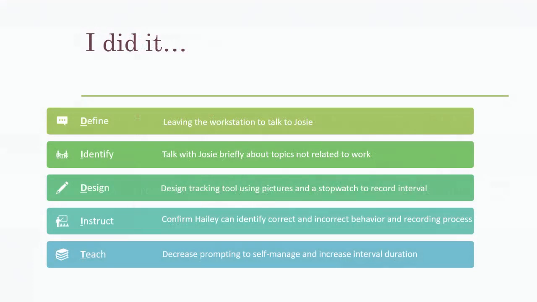After doing a functional behavior analysis, it was discovered that Haley is lonely at work and is going to talk to Josie for the interaction and socialization. We identified that a good reinforcer for the target behavior is Haley getting to take a few minutes to talk with Josie after Haley performs a set number of minutes of work.